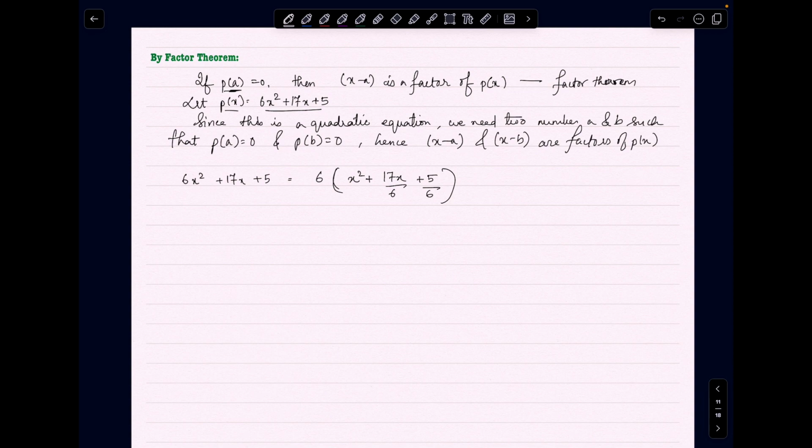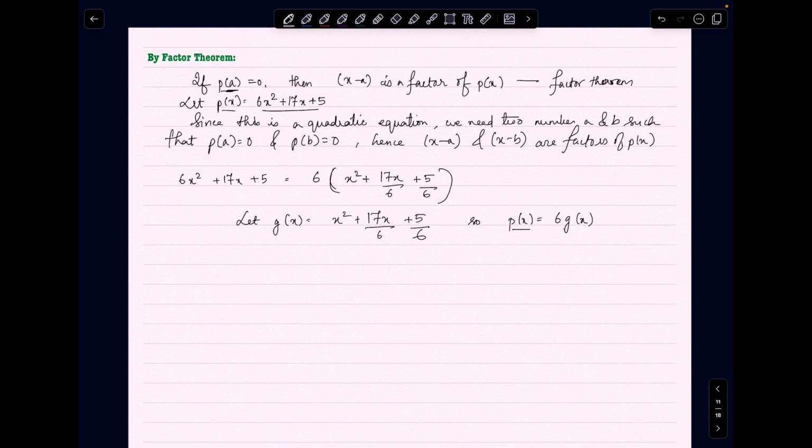Let me write g of x equals x square plus 17x by 6 plus 5 by 6. This whole term I am writing as g of x. So P of x equals 6 into g of x.